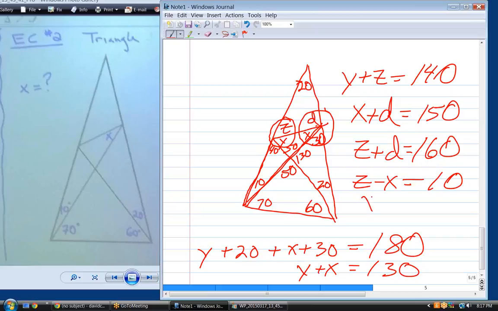And I know that y plus x equals 130. We have one more equation that's independent that will allow us to solve this for, let's see, I've got x, y, and z.